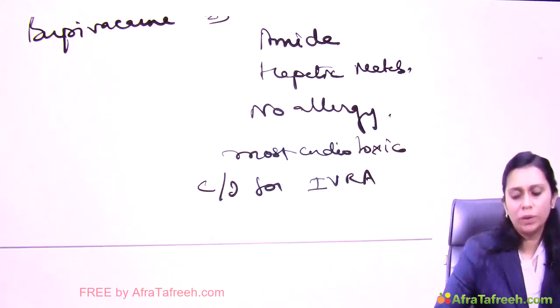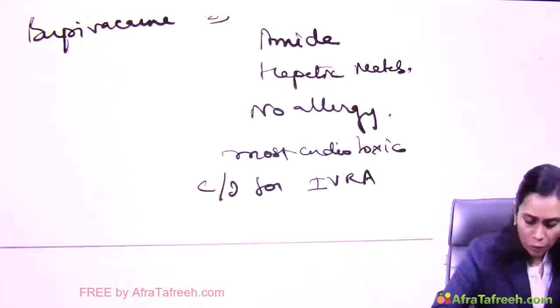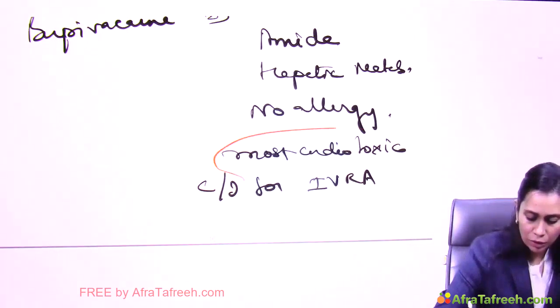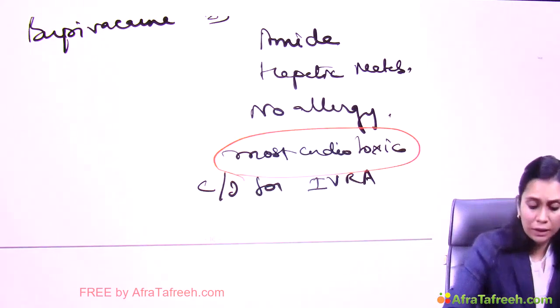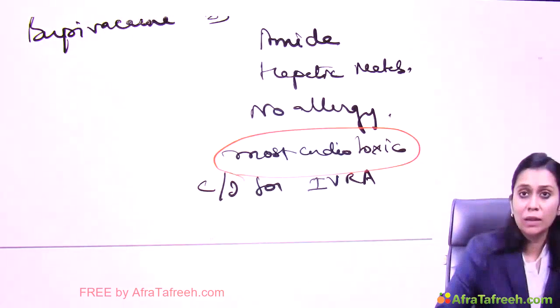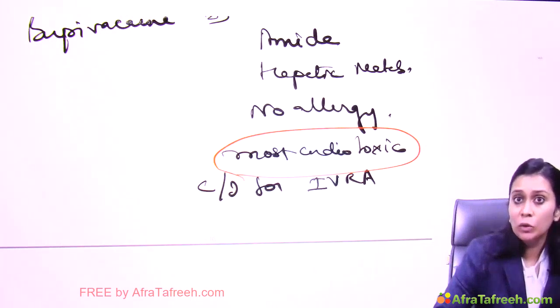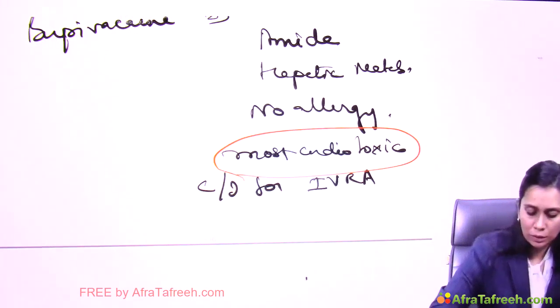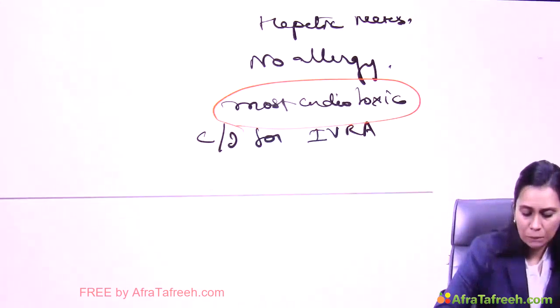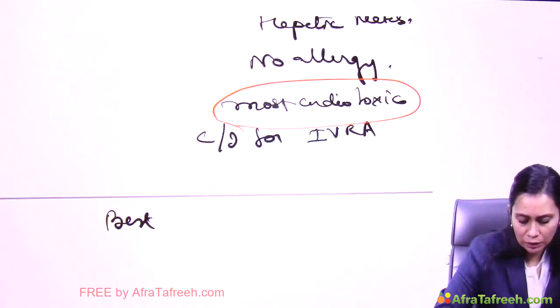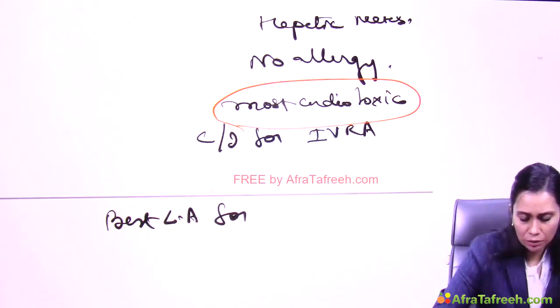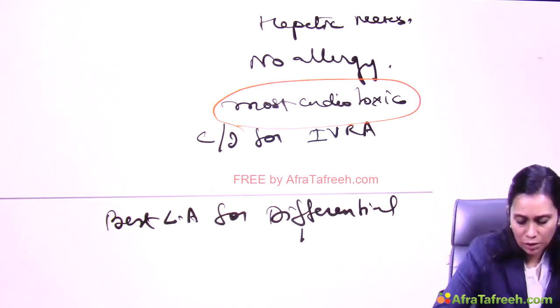Just one more extra point. It's most cardiotoxic, but clinically it is one of the commonest used local anesthetics. Why, when the cardiotoxicity of LA is life-threatening? Because bupivacaine is the best local anesthetic for differential block.